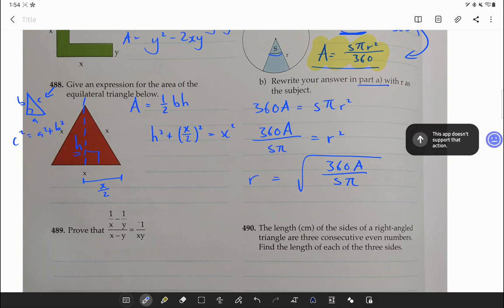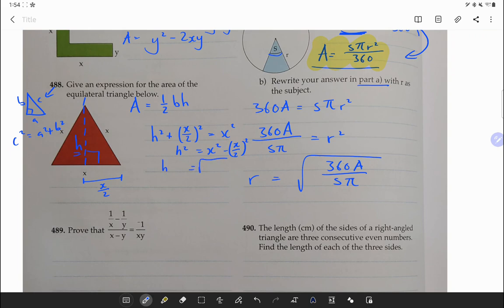From there, we just work out what h would be. Oh, we don't work it out, we don't know the number. We just make an expression for it. So let's rearrange. Just minus that. And of course, h would be the square root of that.